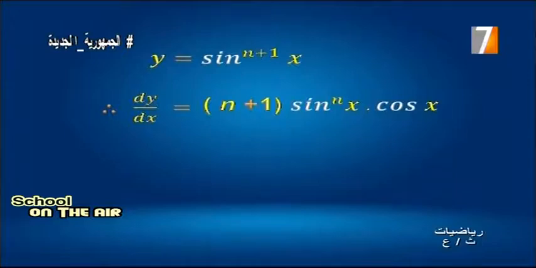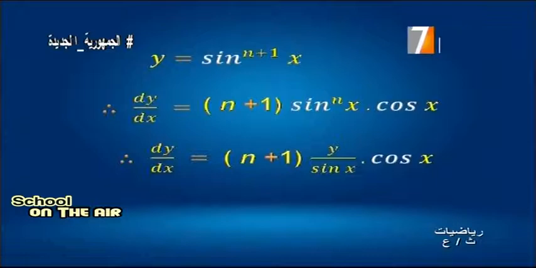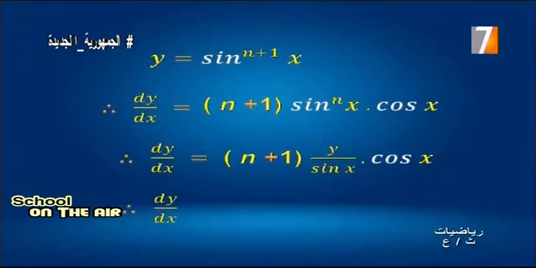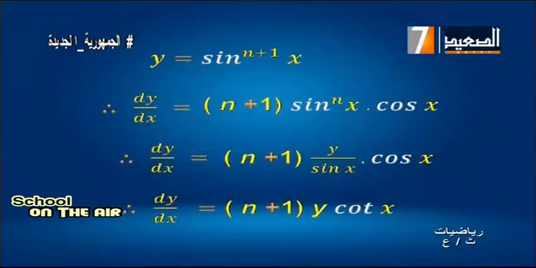So dy/dx equals (n+1) between two brackets times y over sine x, which equals sine to the power n of x multiplied by cosine x. Then dy/dx equals (n+1) multiplied by y multiplied by cosine x over sine x, which equals cotan x.